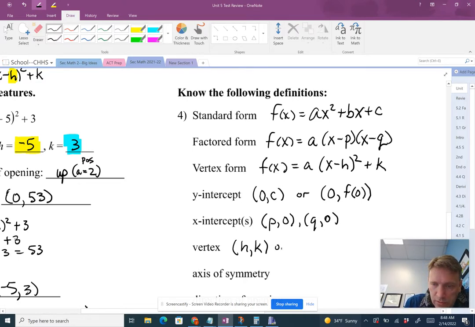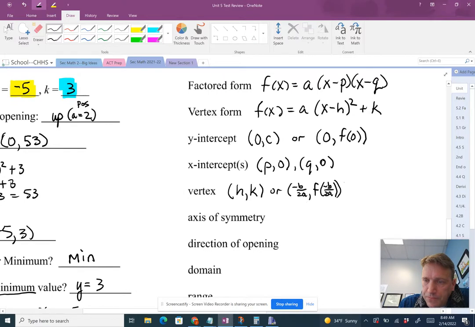Or negative b over 2a, and the corresponding y value is found by plugging in the value of x, negative b over 2a. And then, or if it's in factored form, it would be p plus q over 2, and then the corresponding y value of p plus q over 2.